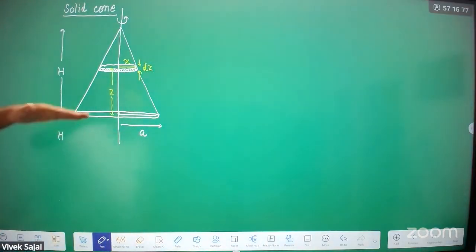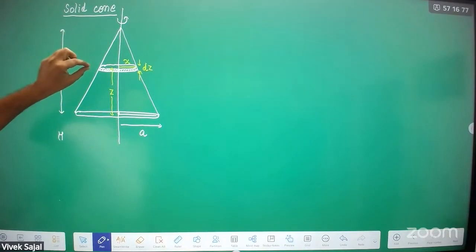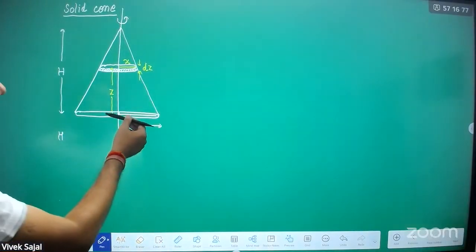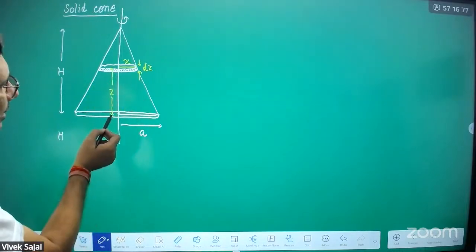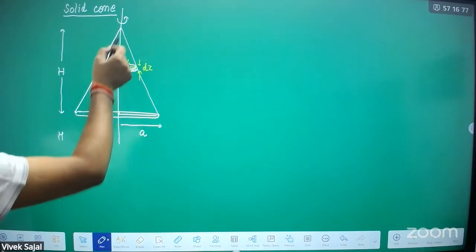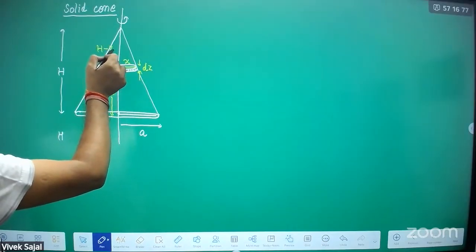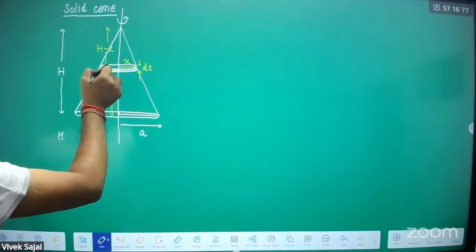So you have sliced this into an infinite number of discs. The width of each disc is infinitesimal, I am assuming its width is dz. At what distance along the axis am I choosing the disc? At a distance z. So automatically this remaining distance will be h minus z.